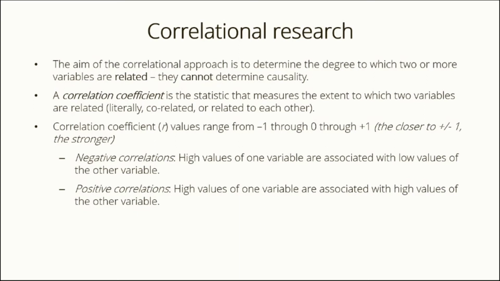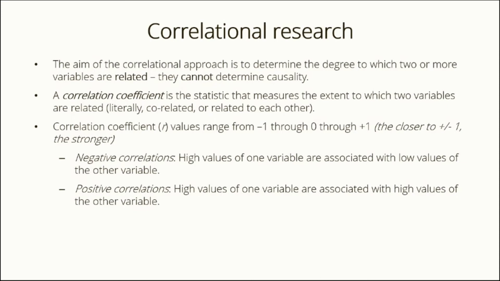So the correlation coefficient, which is represented by a little r, the values range from -1 to 0 and all the way up to +1. So a negative correlation, which is a negative value, means that high values of one variable are associated with low values of another variable.